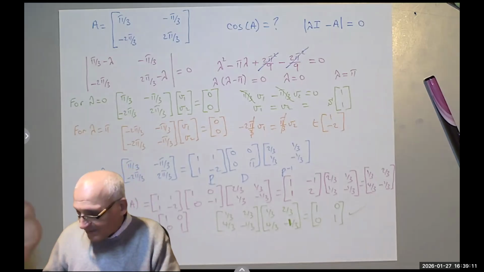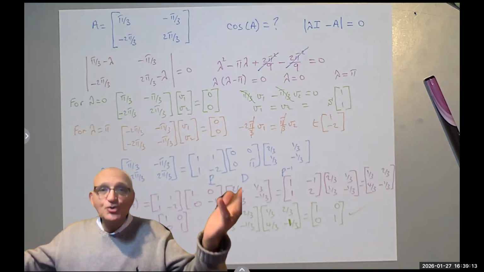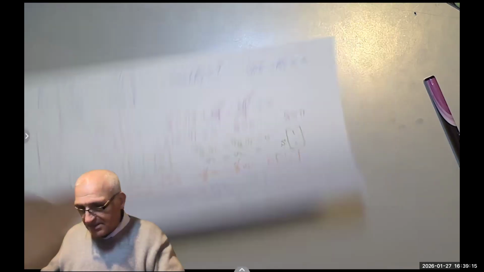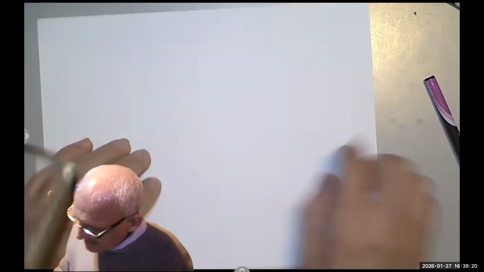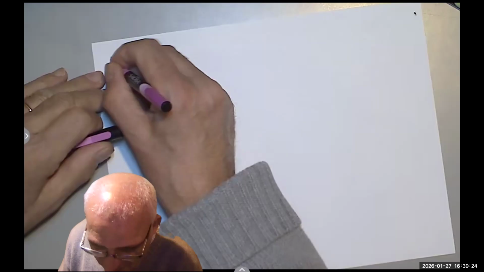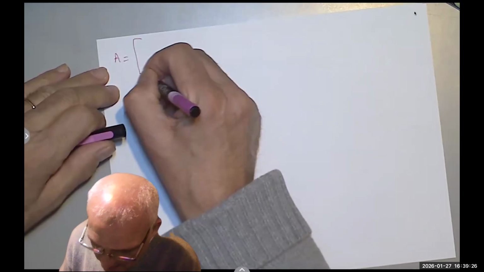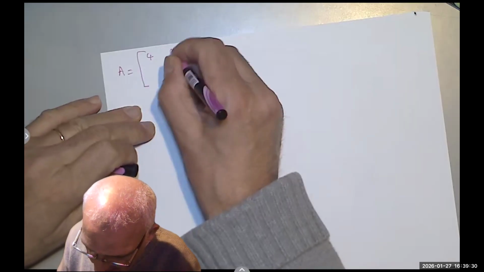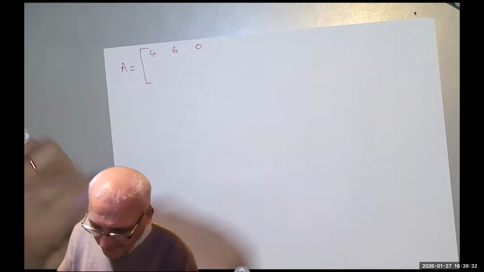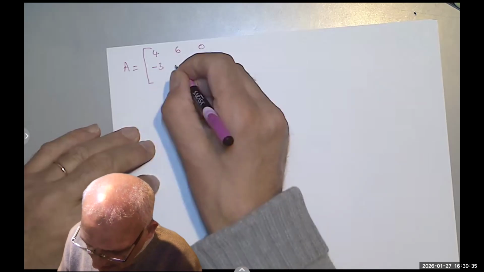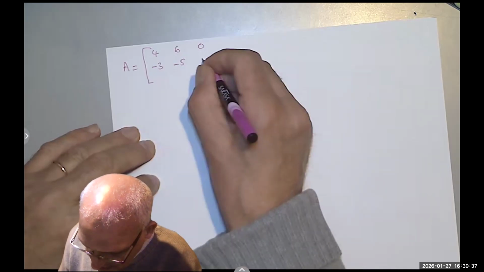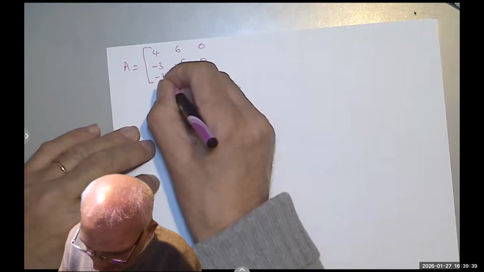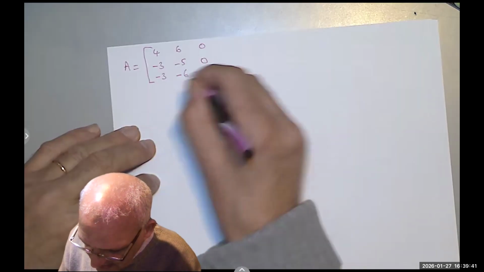The second example I wanted to do is a 3x3 matrix. And that matrix A here is 4, 6, 0, -3, -5, 0, -3, -6, 1.